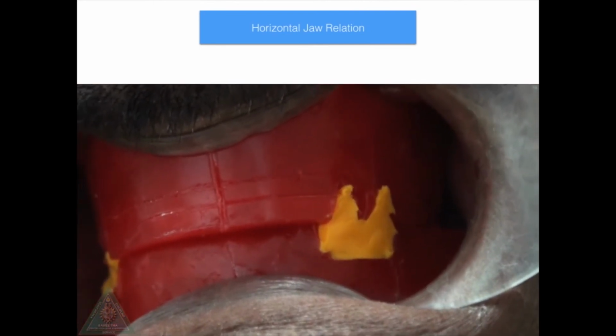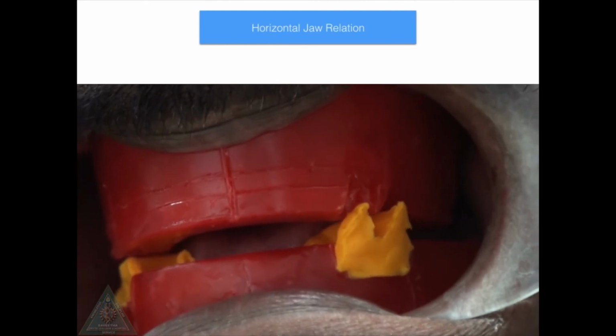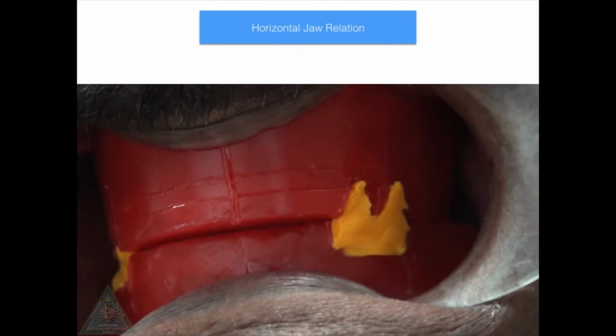In Patterson's method, in the lower occlusal rim we mix plaster, carborundum and pumice together and load it into the rim, and the patient is asked to make movements. Basically the patient grinds into the occlusal rim to get the exact contour for the occlusal rim and the jaw relation position as well.